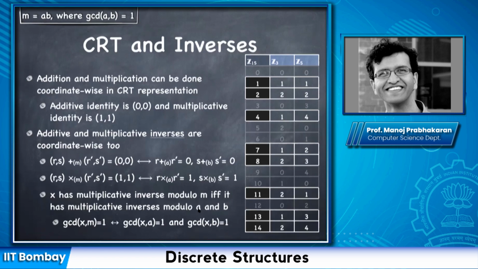This statement holds as long as M equals A times B. So that's something you could just verify by yourself without resorting to CRT. But CRT tells you also, when the inverse exists, how to find the inverse, provided you can find the inverse modulo A and modulo B.